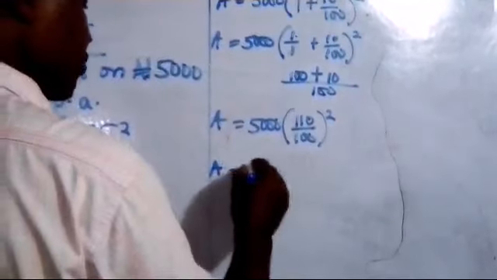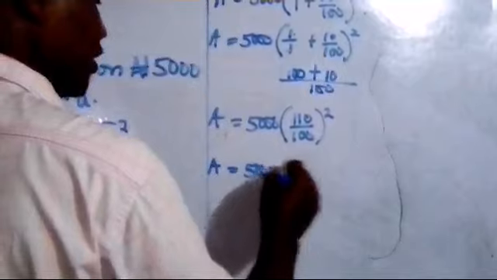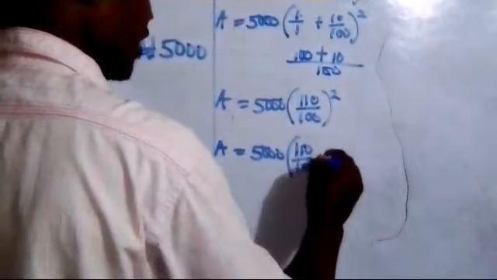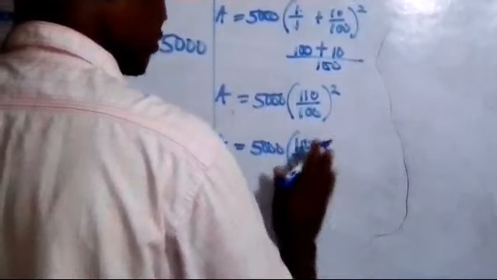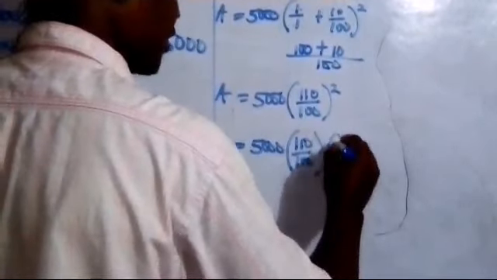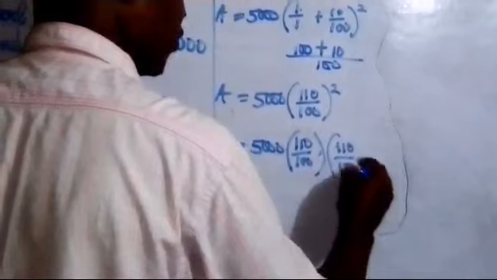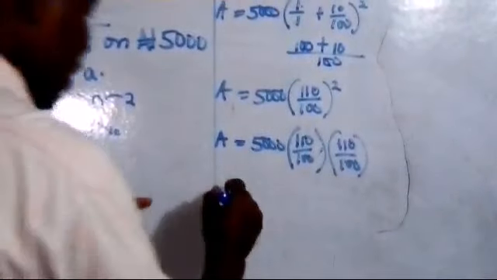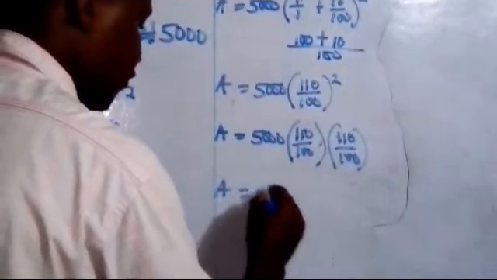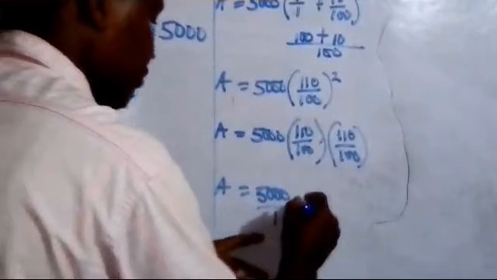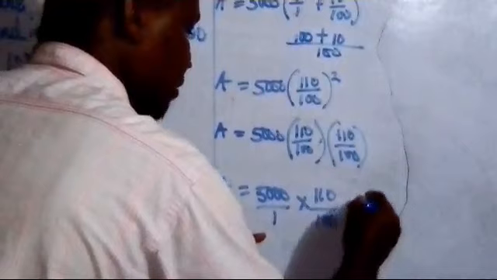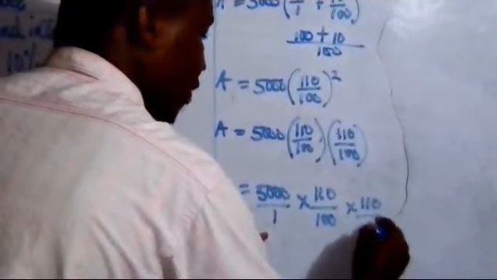So our A will be 5,000 into the bracket of 110 over 100 times another bracket of 110 over 100. So this is the squared. It has been brought 2 times. If you make this very elaborate, A will become 5,000 over 1 times 110 over 100 times 110 over 100.